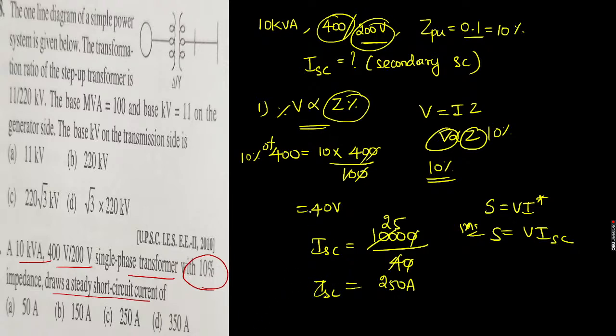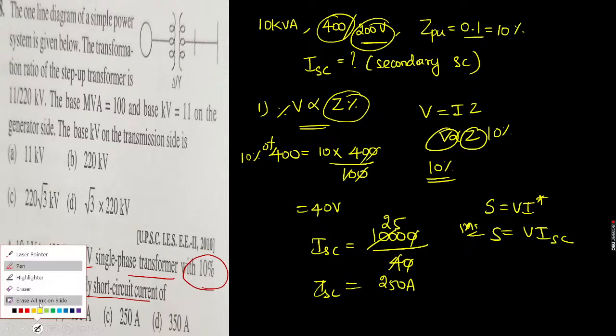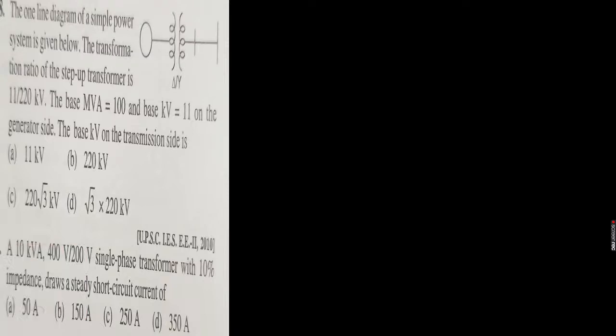Okay, sir. That is one way. Now, according to the given rating, rated kVA value is 10, primary voltage is 400 divided by secondary voltage 200, and the per unit impedance in percentage was given as 10 percent.